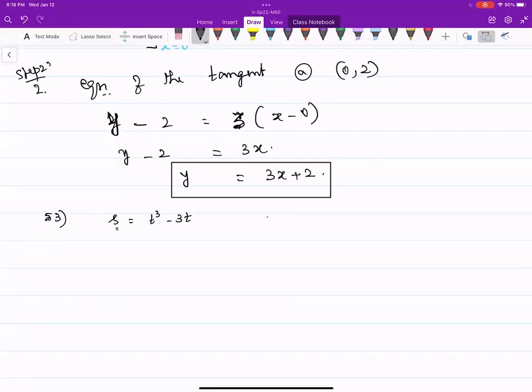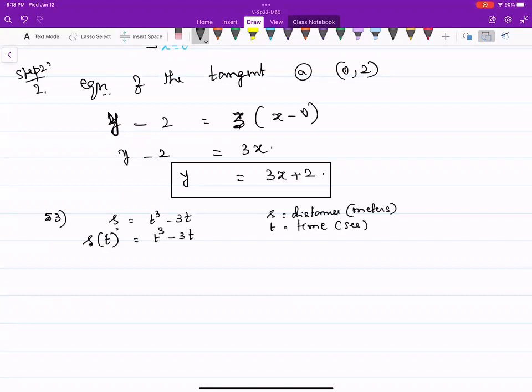s is the distance, measured in meters. t is the time, measured in seconds. So we can also write this as s as a function of t, s in terms of t.